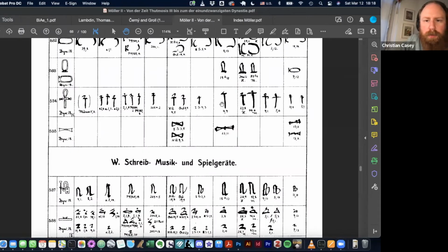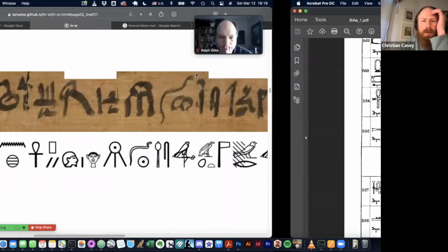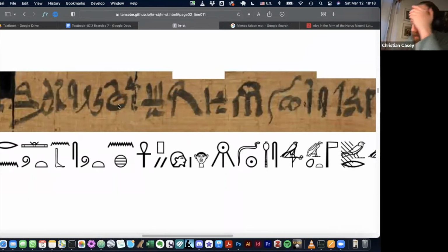What do we have? We've got one that's like a T on a stick. I guess that's something like what we could have here. Maybe that. That's a new thing for me to pay attention to. I had it in my mind that it looked more just like an Ankh. This too is great.